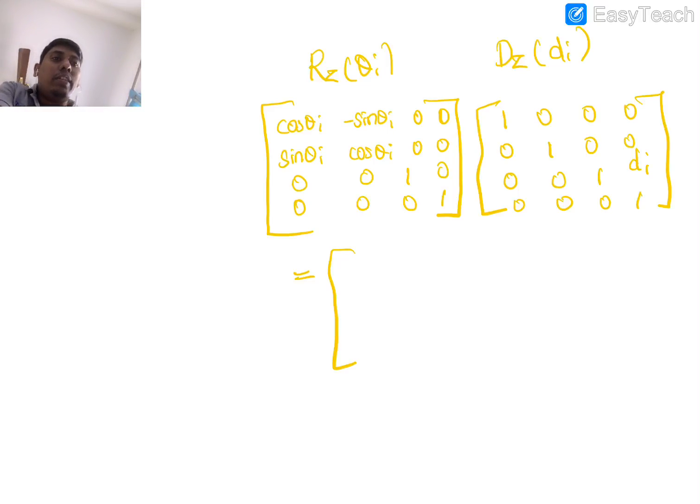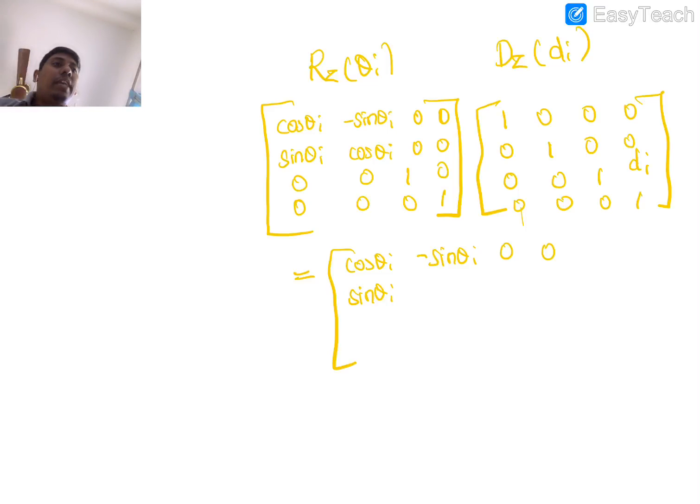What will come: the first row first column gives only cos theta I. The first row second column gives minus sin theta I. The first row third column gives 0, the first row fourth column also 0. Then the second row first column gives sin theta I.